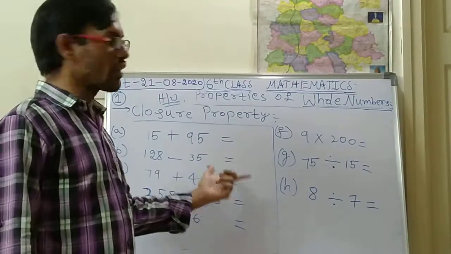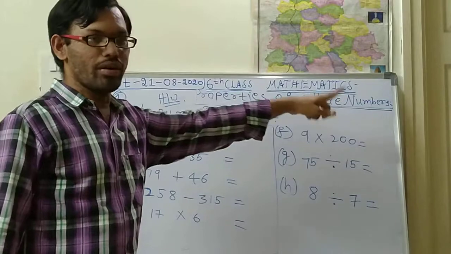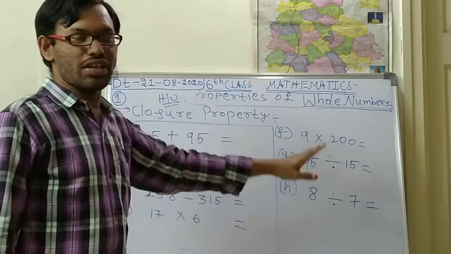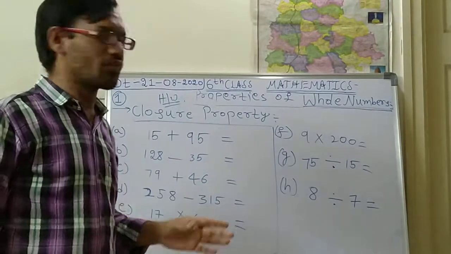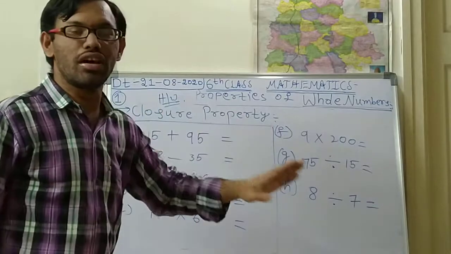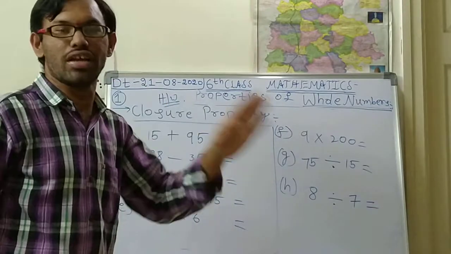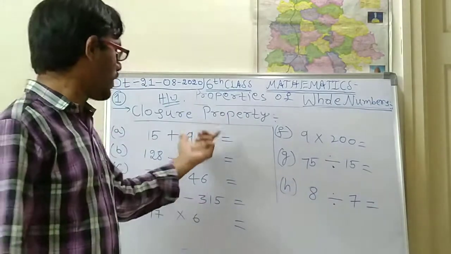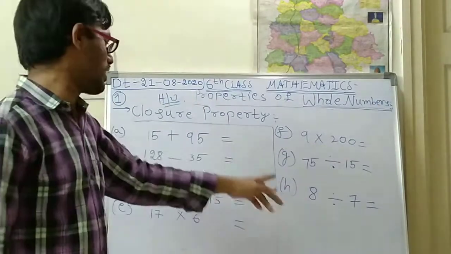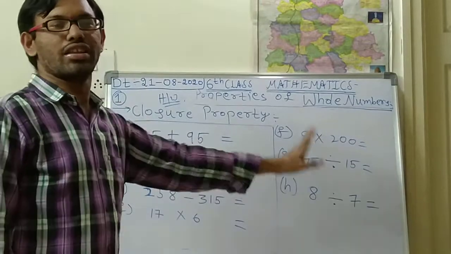If they are satisfying, write closure property of whole numbers under that operation satisfies. If not, write closure property of whole numbers under subtraction does not satisfy, or under division does not satisfy. Under addition everything will be satisfied.